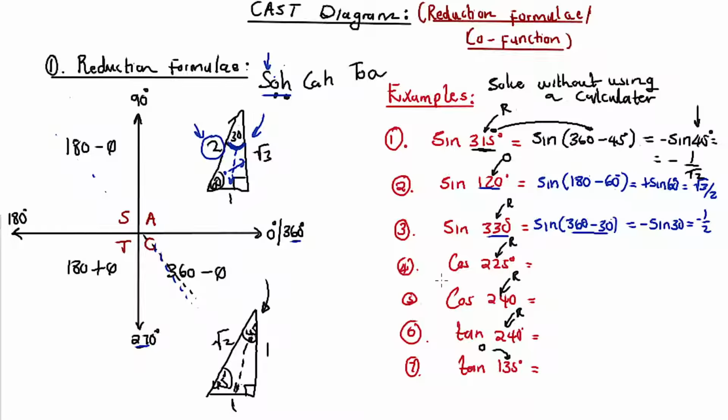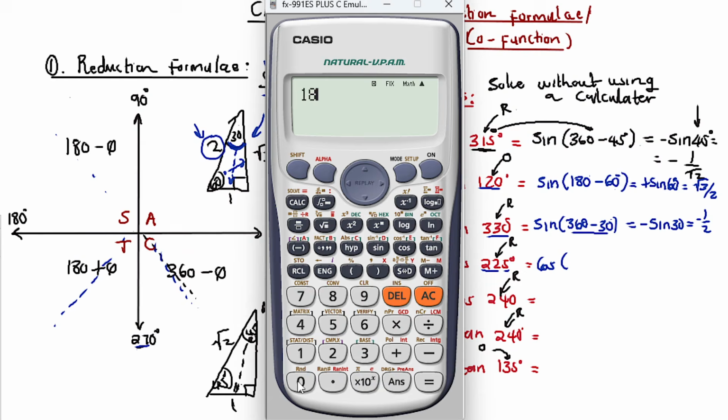Going for this one, it's going to be what? It's going to be a cos, open bracket, 225. Where is it? It's in the third quadrant because it's between 180 and 270, right? So 225 minus 180 is 45 degrees.